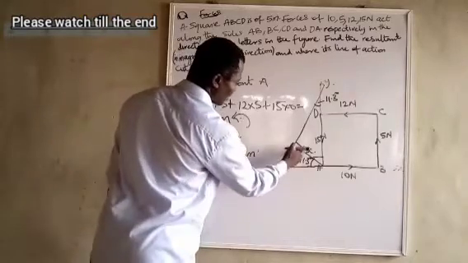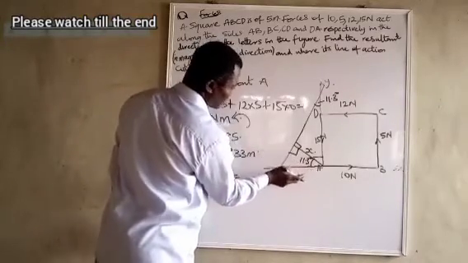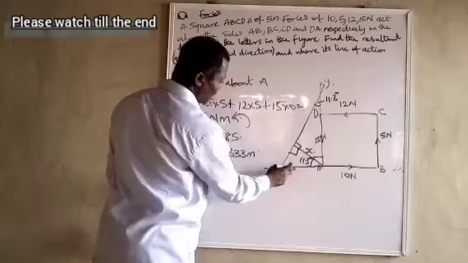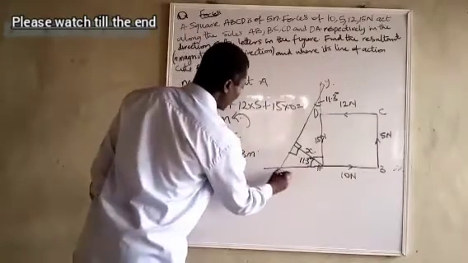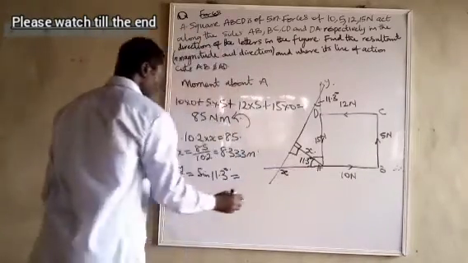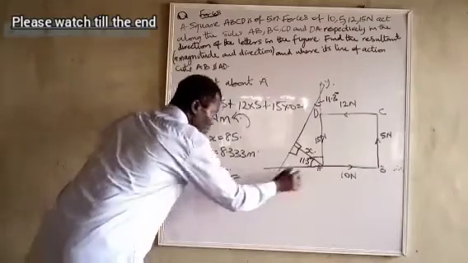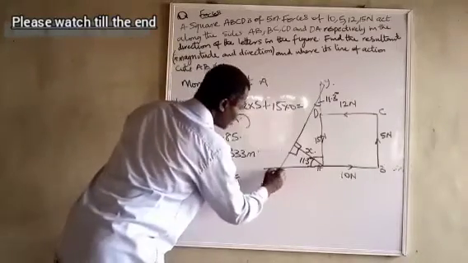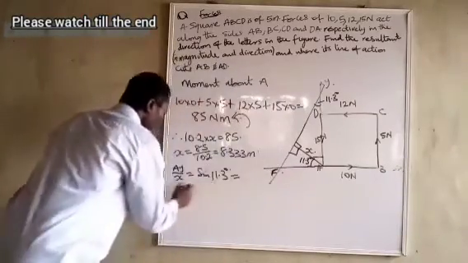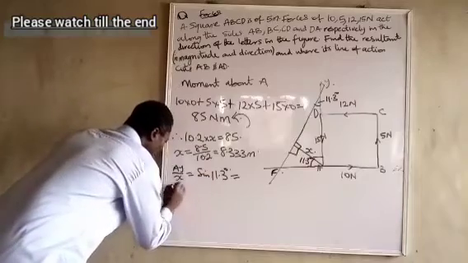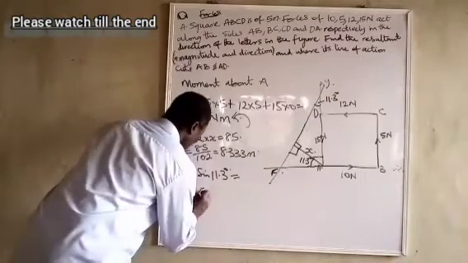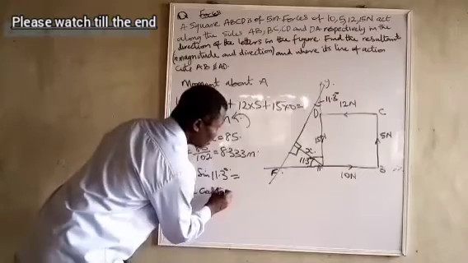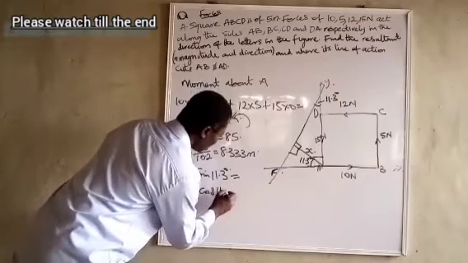If you look at this, this is adjacent and this is hypotenuse to this angle. So, let me make this one AF. Now I can say AF over x is equal to cos 11.3.